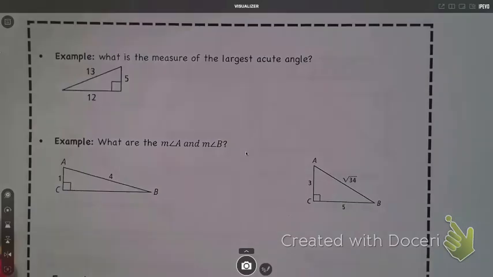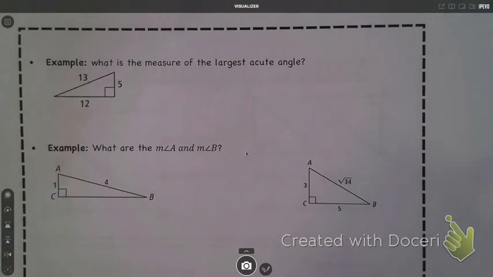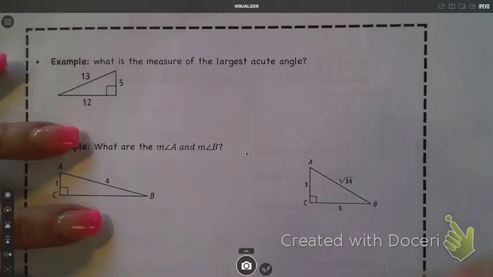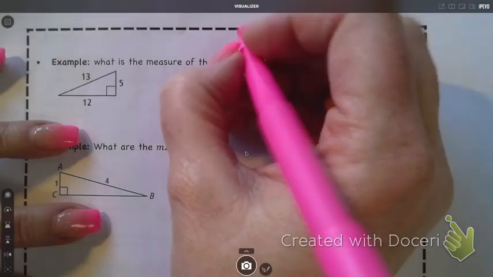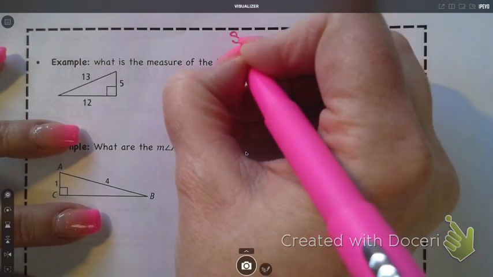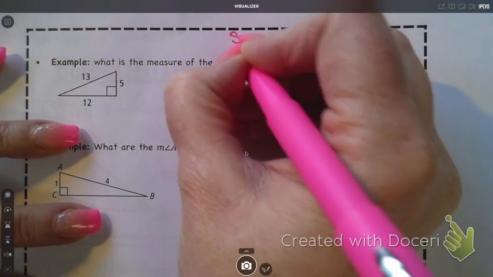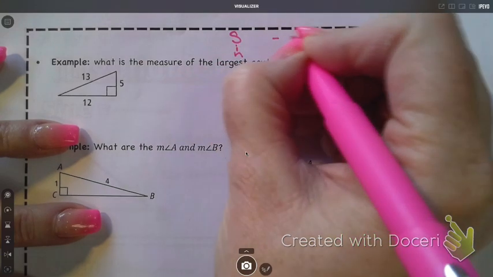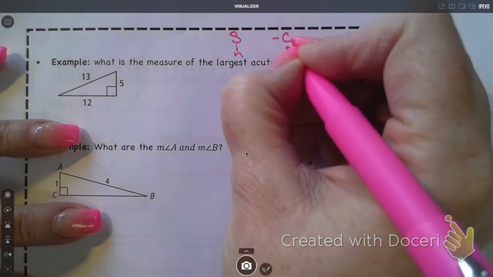So before I start, because I'm not getting notes on my test, I need to write what at the top? SOHCAHTOA. So I have S for what function? Sine. C for cosine.